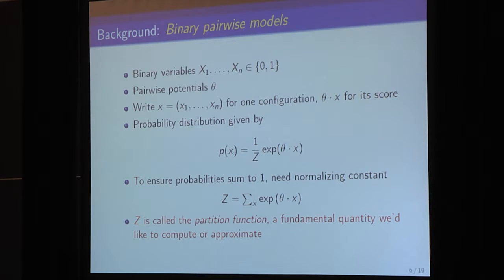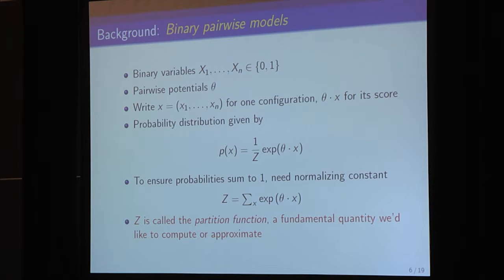We have naturally binary variables with pairwise potentials. And I'm going to write theta to represent the set of all the potentials. We'll write x for one complete configuration of all the variables. And I'm going to use this shorthand notation, theta·x, for the total score, taking into account all of the potential functions. And for those who are familiar, this is the standard overcomplete representation.